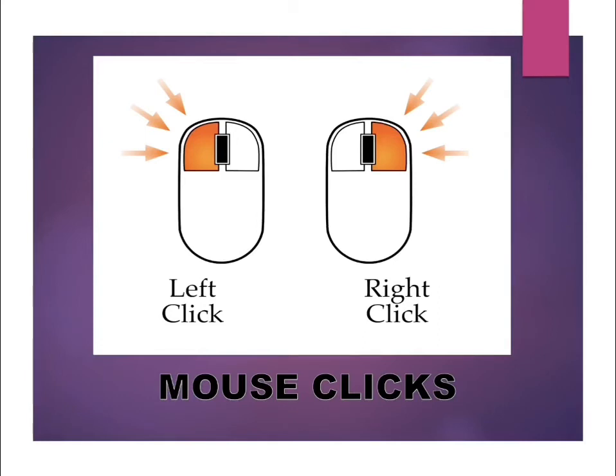Like on a particular icon, I can left click and select it, and when I right click on it, it will show me options like open, copy, cut, rename, delete and so on. So I repeat, when we press the left button, it is known as left click, and when we press the right button, it is known as the right click.